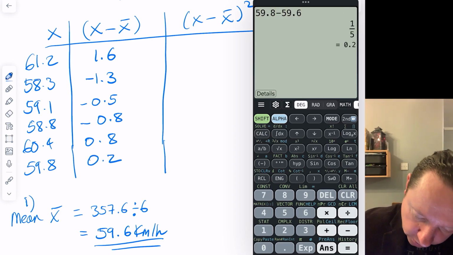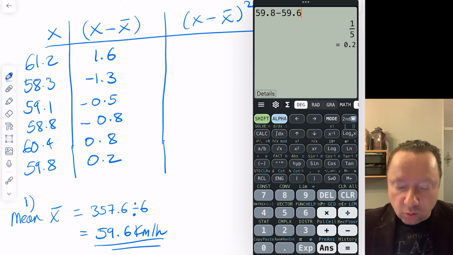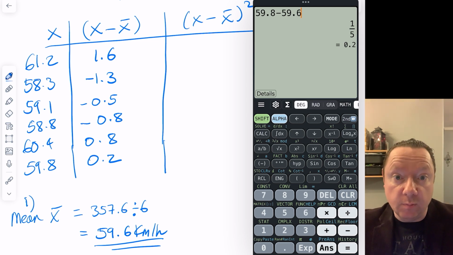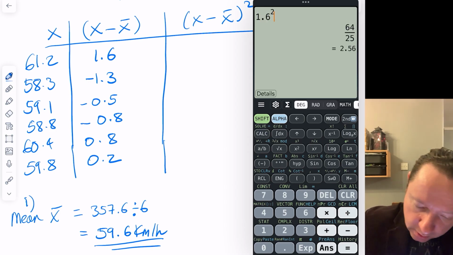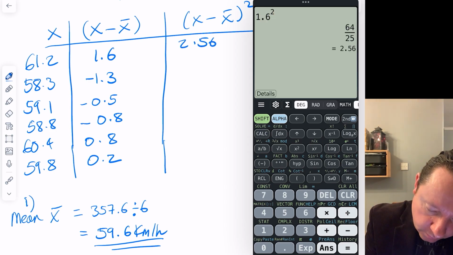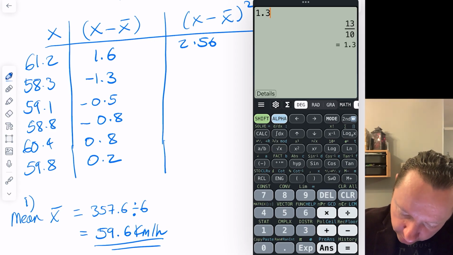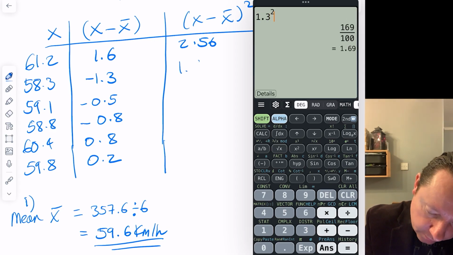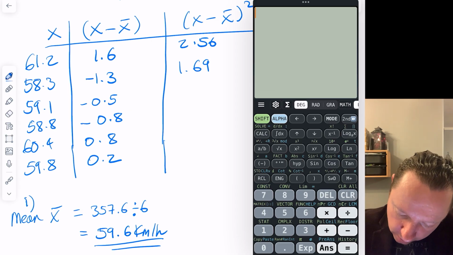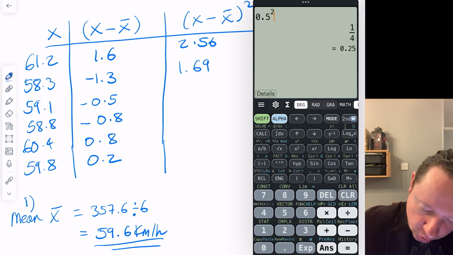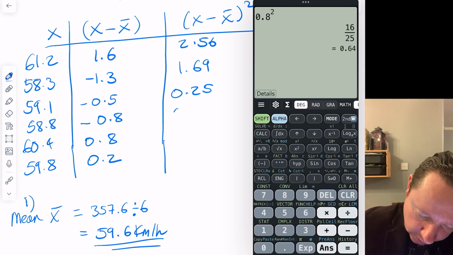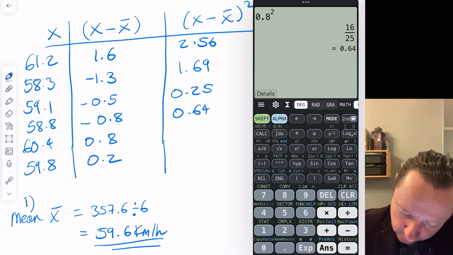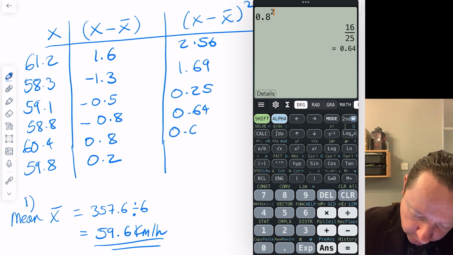So now we've got all these answers. Now when you square a negative number, you get a positive answer. So in your calculator, to save you making any mistakes, just take the number and square it, okay? Forget about the negative. So 1.6 squared, 2.56. 1.3 squared is 1.69. 0.5 squared is 0.25. 0.8 squared is 0.64. 0.8 squared is still 0.64.